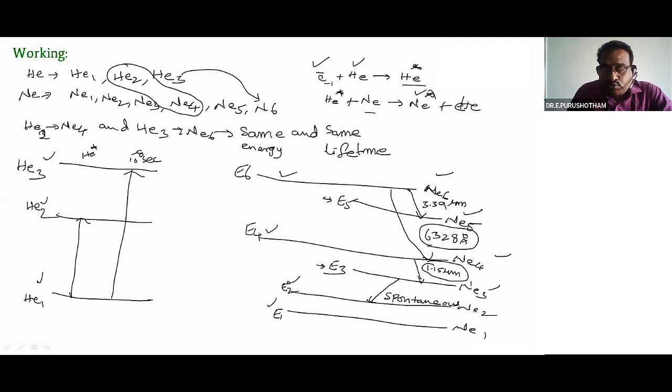E3 to E2 emits radiation by spontaneous emission, which is not laser light. From E2 to E1, radiation is emitted due to de-excitation. The 1.15 and 3.39 micrometer radiations are invisible.